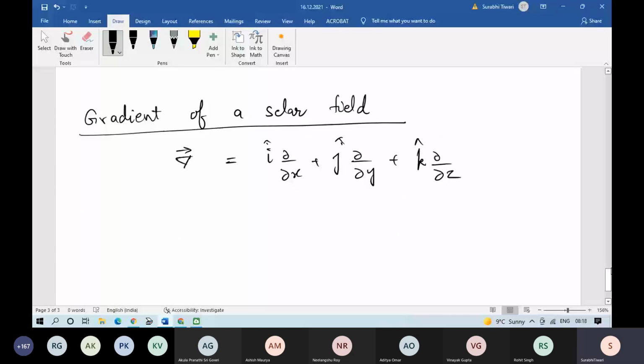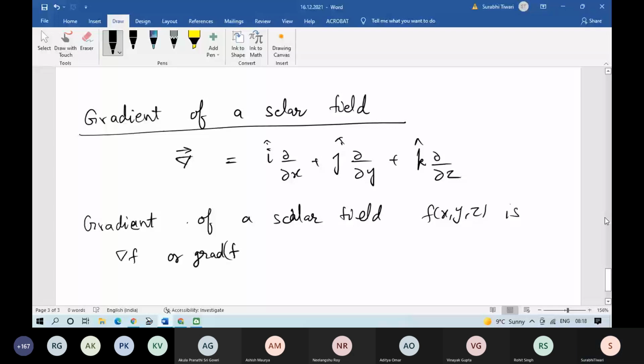Now the gradient of a scalar field f(x,y,z) is del f or grad f.